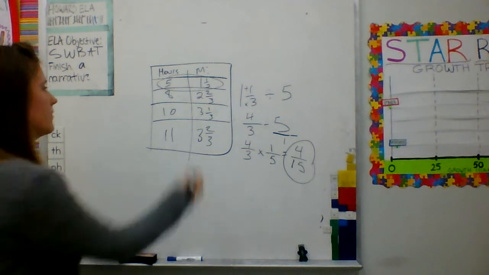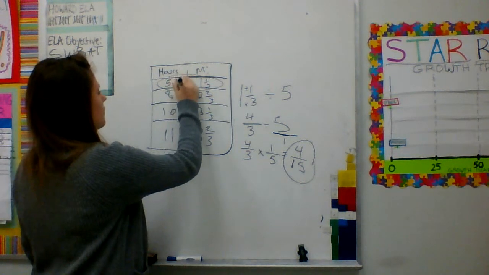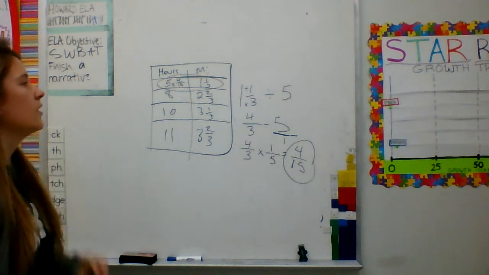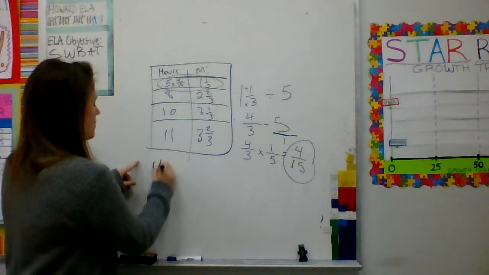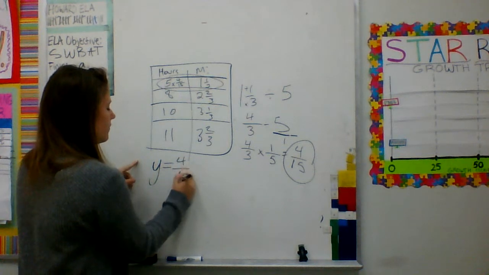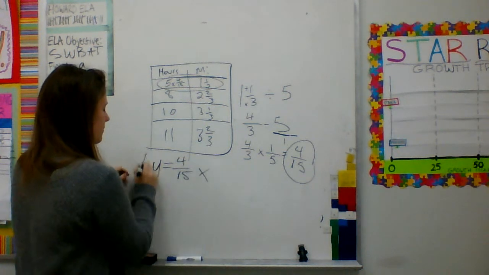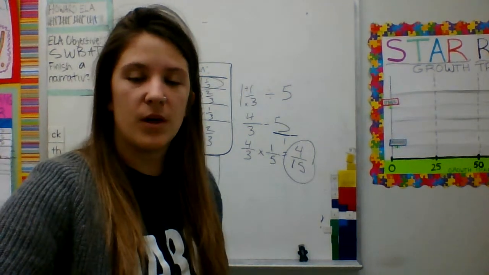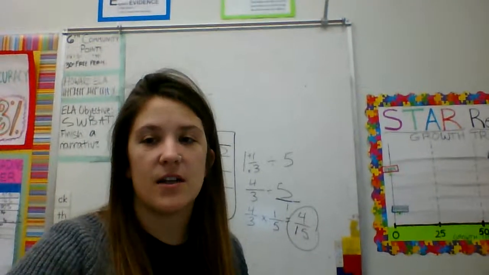Everything is times 4 over 15. So when it's asking for my equation, it is y equals 4 over 15 x.